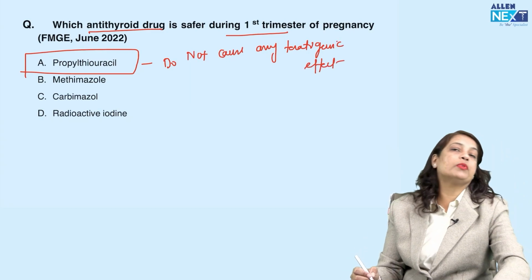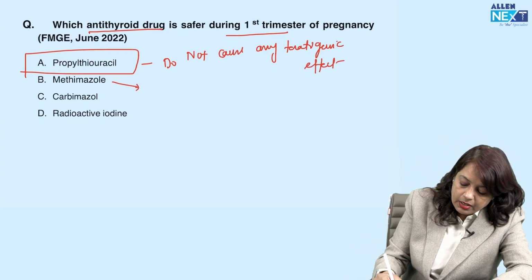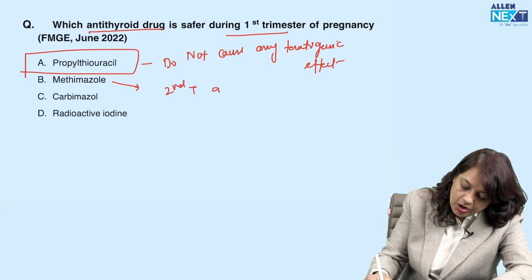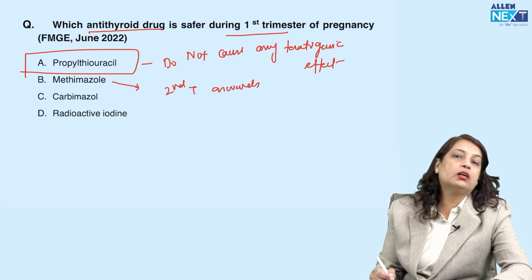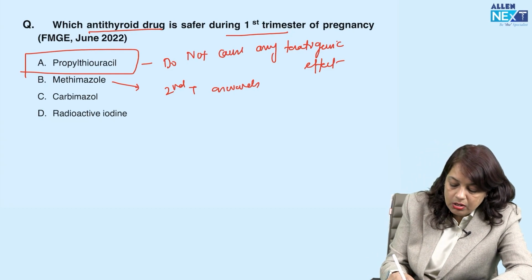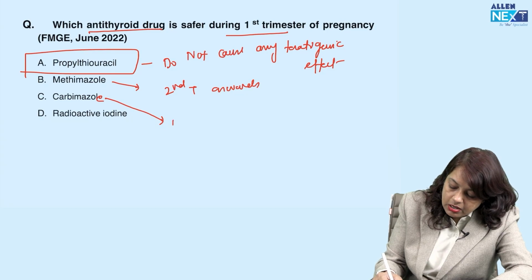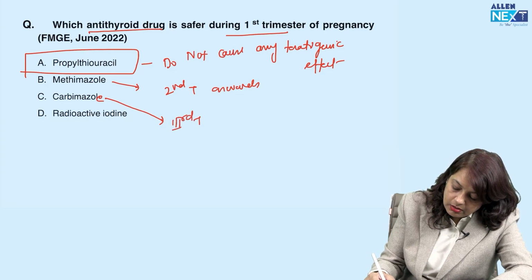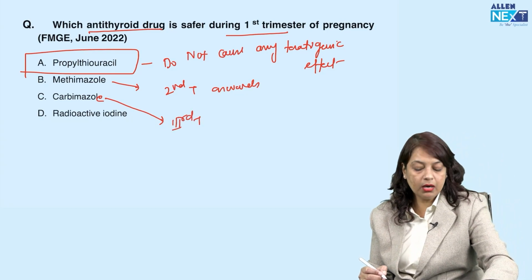So in the first trimester this is preferred. From the second trimester onwards, the drug for antithyroid purpose is methimazole, and in the third trimester you can prefer carbimazole.